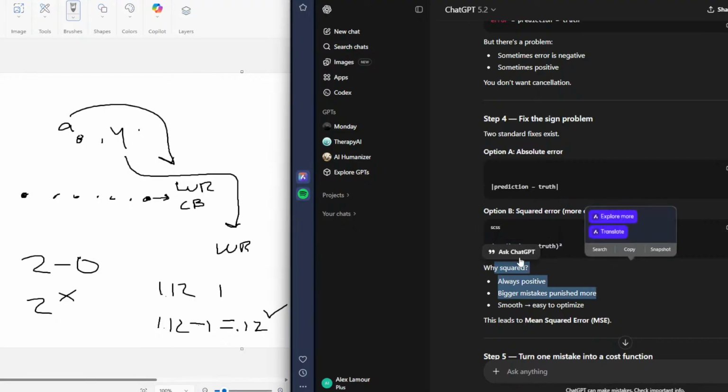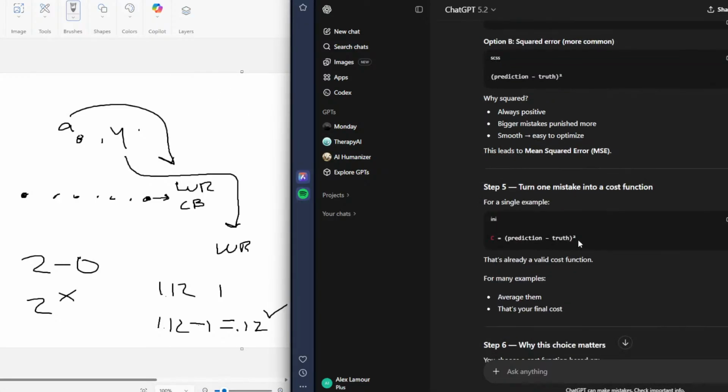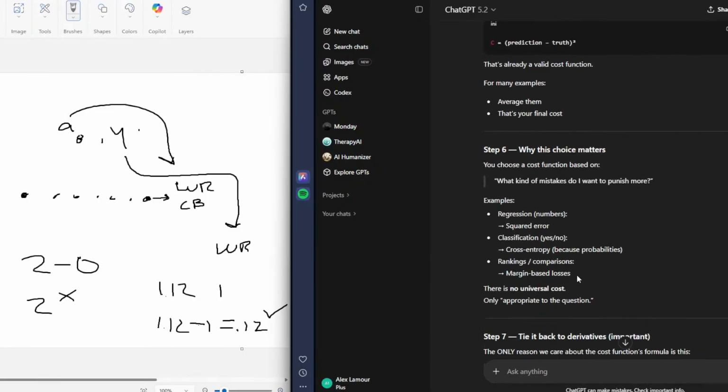And you also punish more the bigger the number is because you're squaring. Two squared is 4, but once you get to like 5, now it's 25. So the number becomes huge, even though you're only 3 points off. So you turn one mistake into a cost function. This in itself is probably just your general cost function for everything.